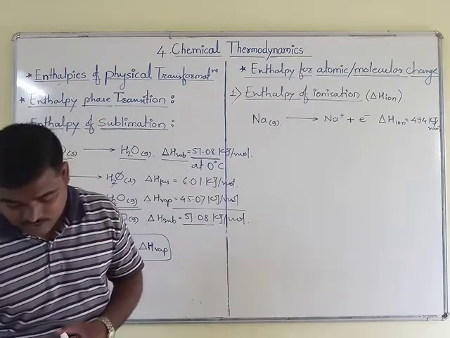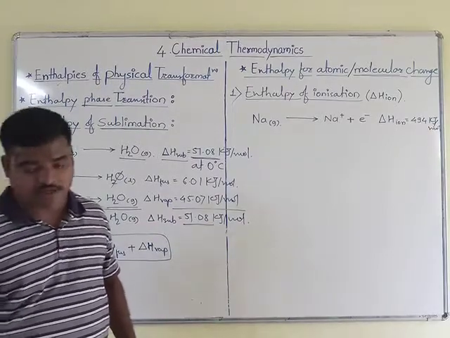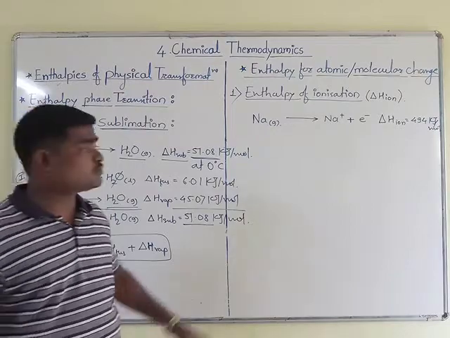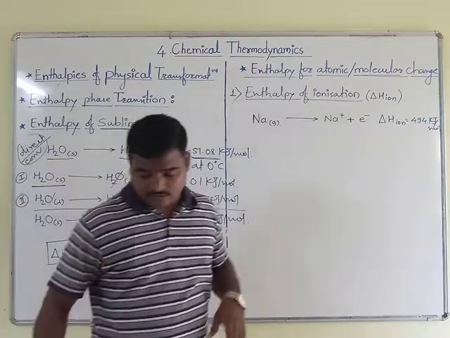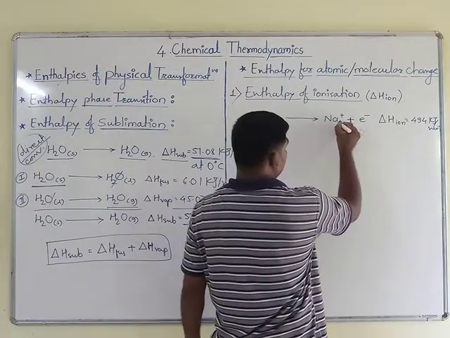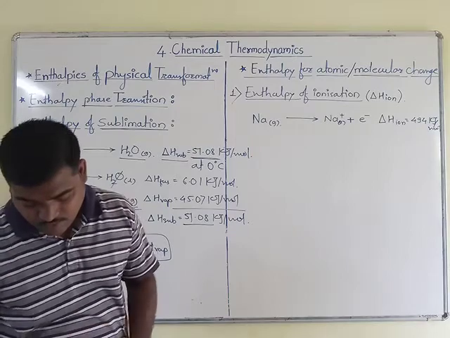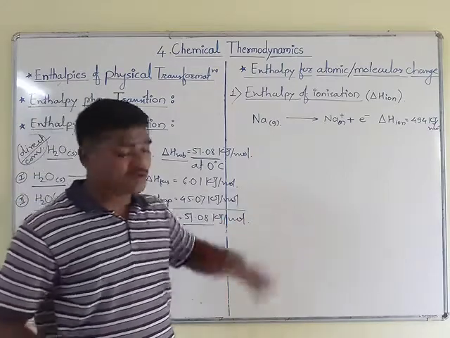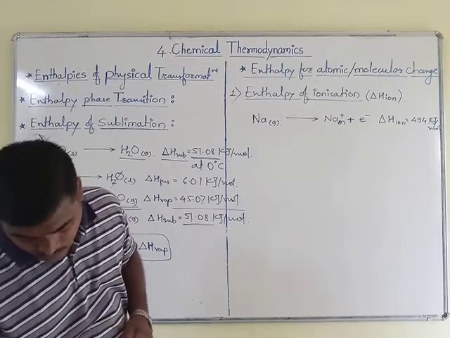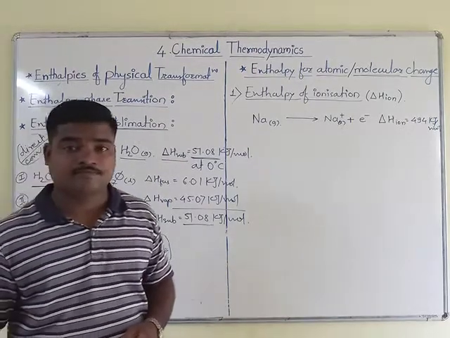This equation signifies that when 1 mole of gas phase atomic sodium ionizes into gas phase sodium ion, again in gaseous state, the enthalpy change is 494 kilojoule per mole. The same amount of heat would be required to ionize 1 mole of Na atoms.